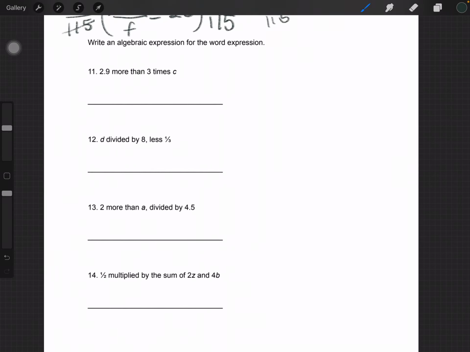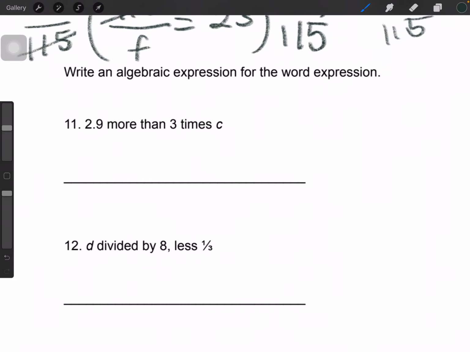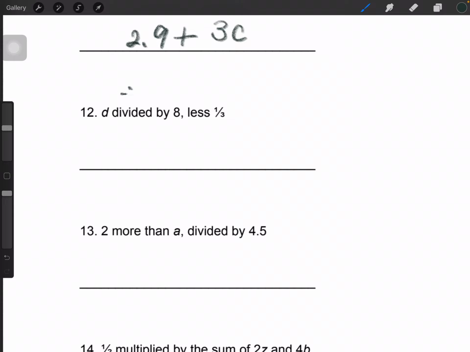The rest of this page tells us to write an algebraic expression for the word expression. So 2.9 more than 3 times c. So you have 2.9 plus 3 multiplied by c. I have d divided by 8 minus, or less, 1 over 3.